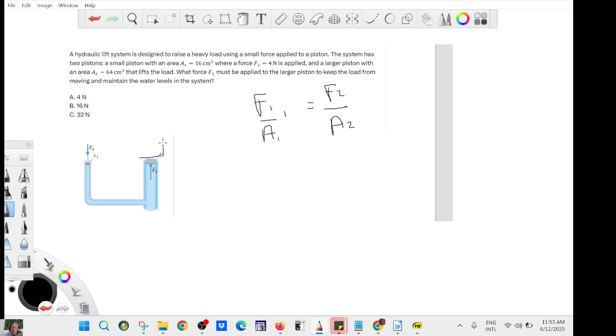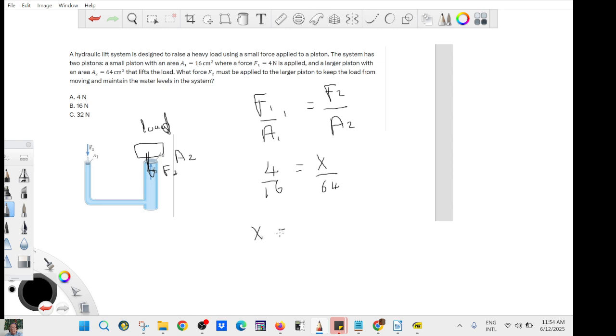So if you have a load here, the load is going to have the force F2, and the area is A2. So just plug it in, right? F1 is 4 over 16 equals the force here, X over 64.